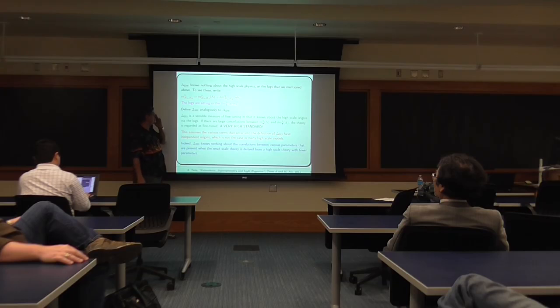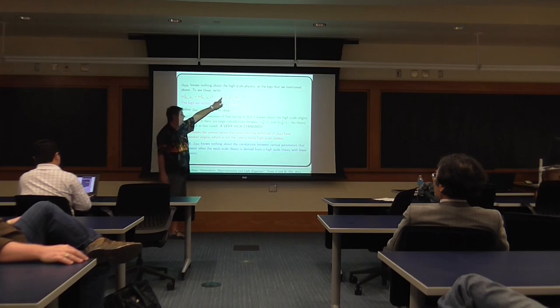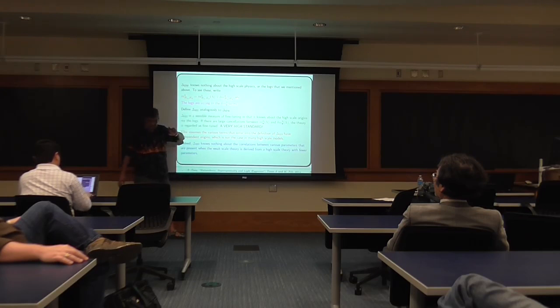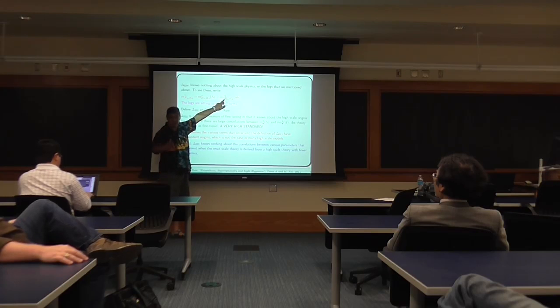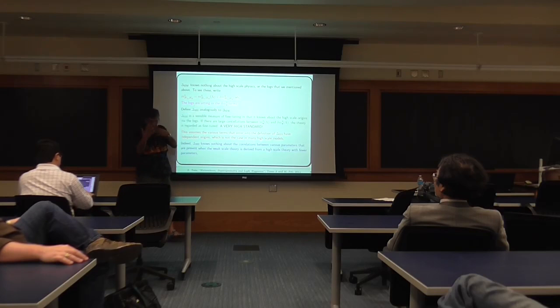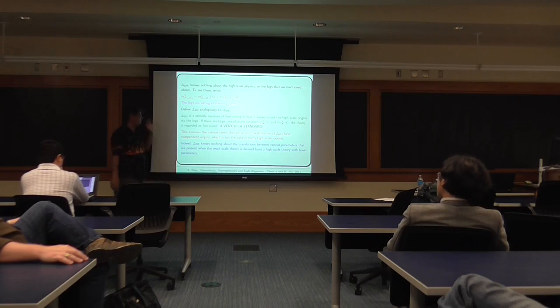Okay? And so if there were cancellations between this and this, if this depended on some other parameters than this, that would still be unnatural by the definition I gave. So delta electroweak in that sense, even though many people use it, I would have said is not a good measure of this sort of high scale physics.